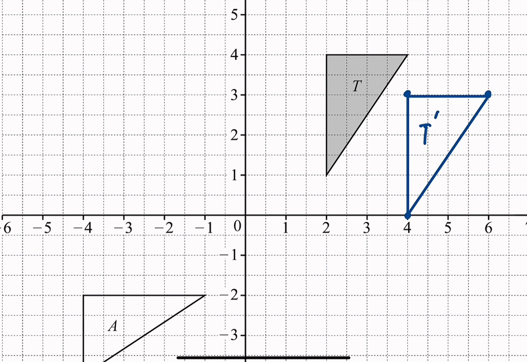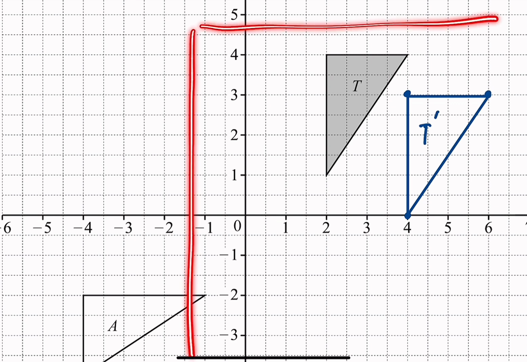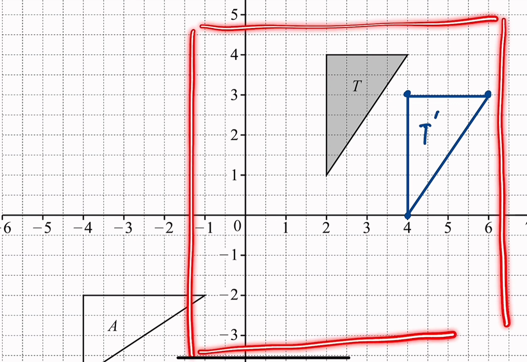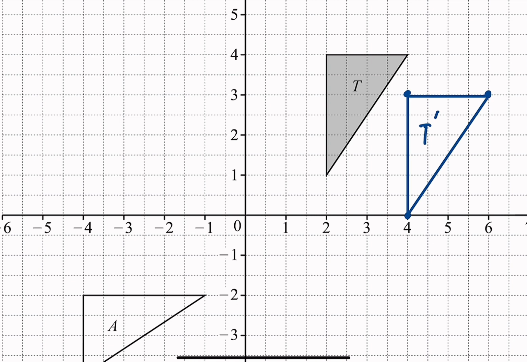This one. Firstly, you should place your tracing paper around this area. And next, then copy the triangle T on your tracing paper.